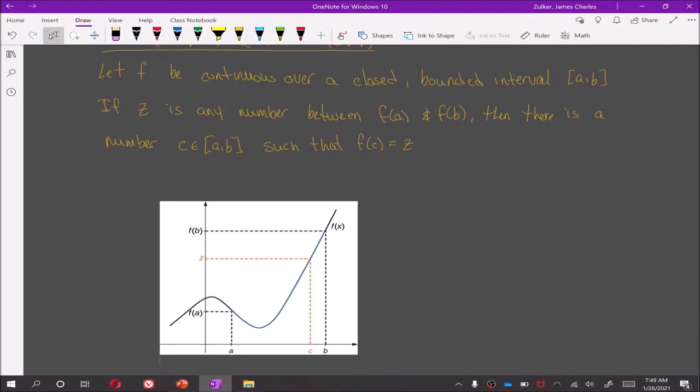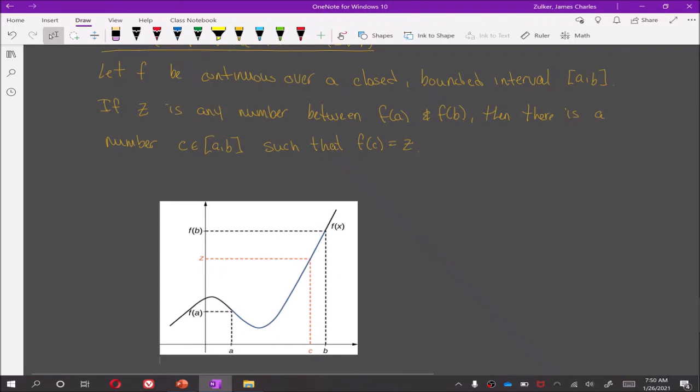Now it says that if Z is any number between f of A and f of B, here we have f of A, here we have f of B, here's Z, then there has to be a number C in the closed interval [A, B] such that f of C is equal to Z. So there has to be a number in the interval that will evaluate out to Z. And that makes sense if it's continuous.